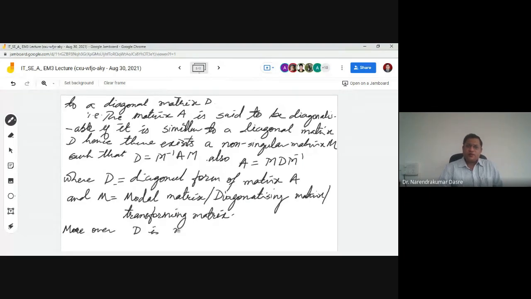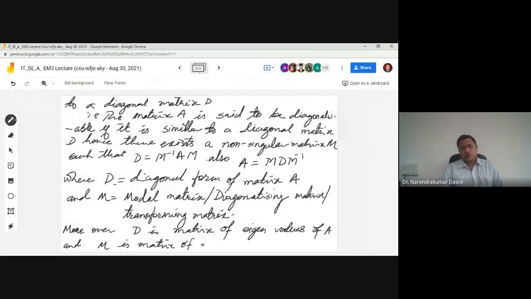Moreover, D is the matrix of eigenvalues of A, and M is the matrix of corresponding eigenvectors.